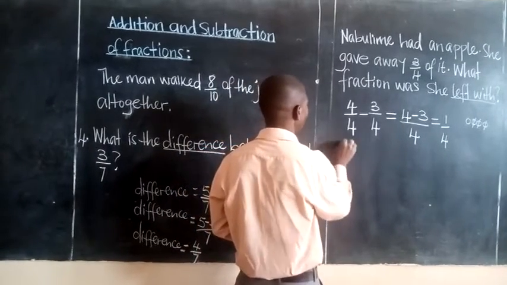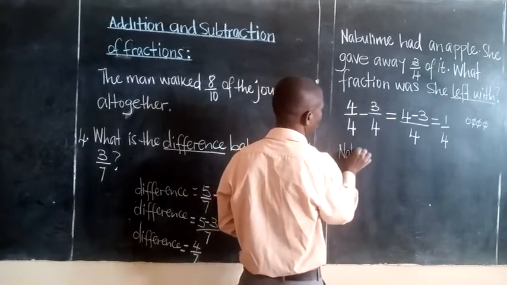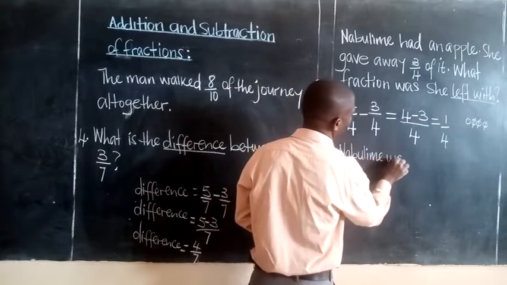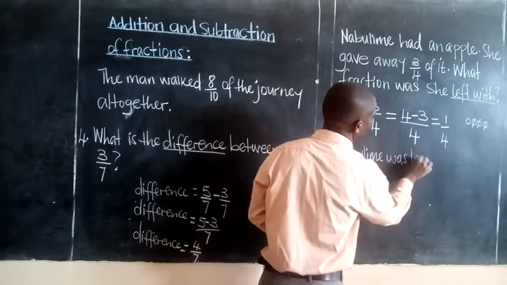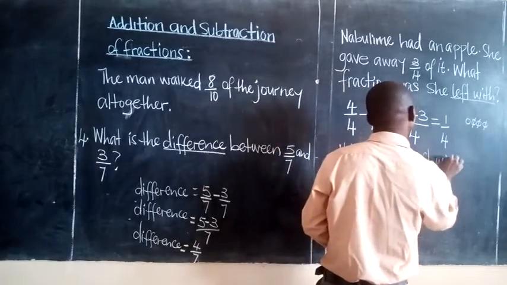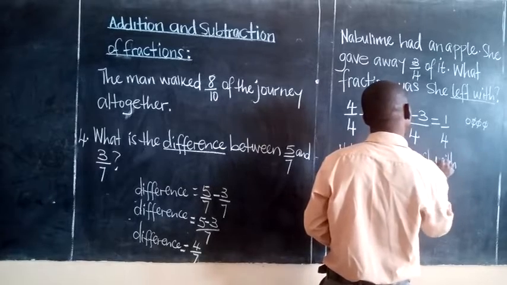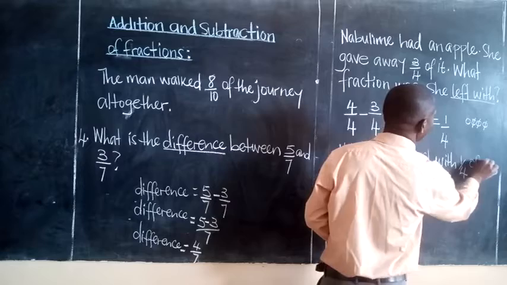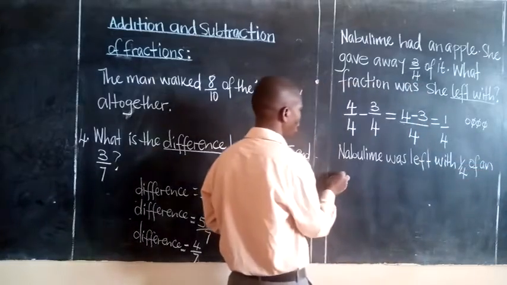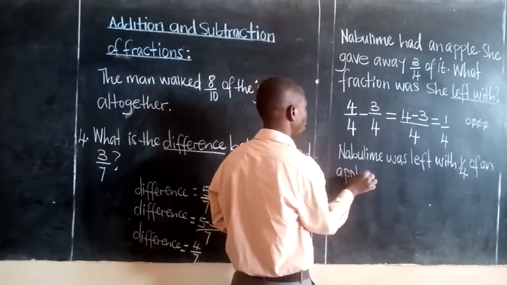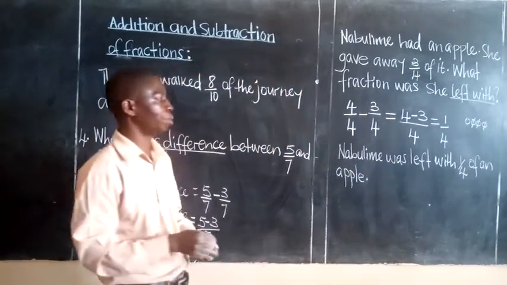You will say, Nabulime was left with a quarter of an apple. We have answered our question.